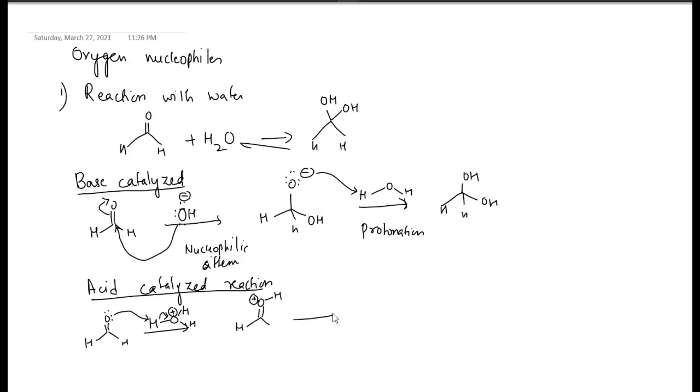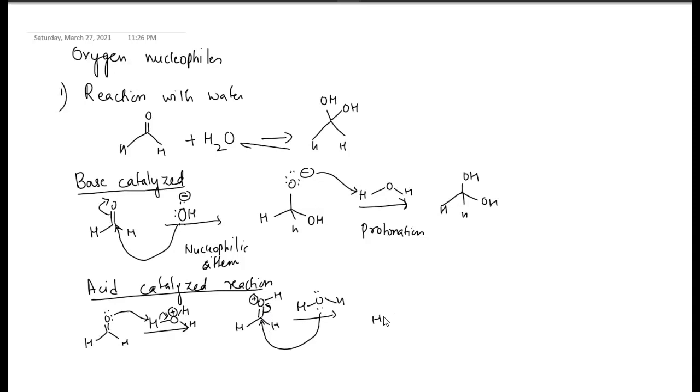And then in the next step, here we have a hydrogen. The next step is the attack of the nucleophile, which is here water, right? Water is my nucleophile. So the nucleophile adds here. This goes over here.